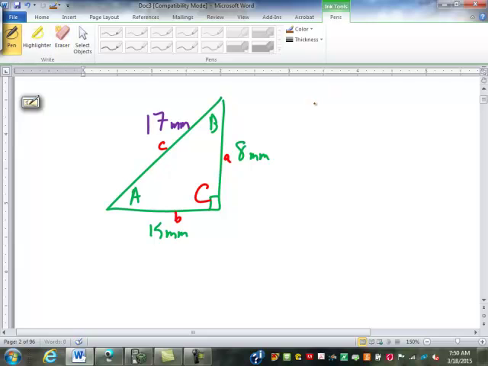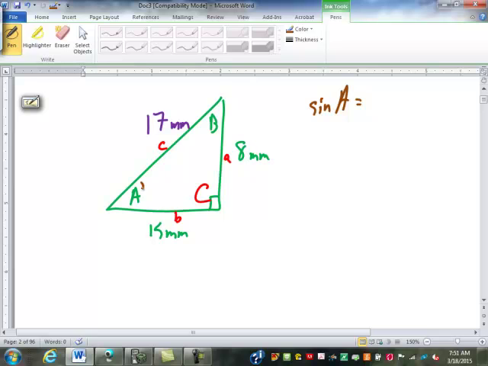If I were to ask you, what is the sine of angle A? Well, you can't punch this in your calculator because you don't know angle A. But you can use those ratios. Okay? Sine is what two sides? Opposite over hypotenuse. What would be the opposite? Now remember, opposite and adjacent are not set parts of the triangle. They depend on which angle we're looking at.